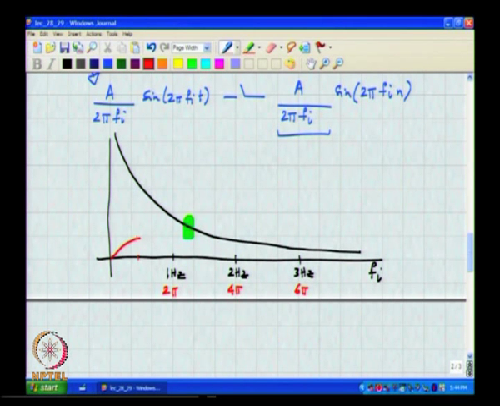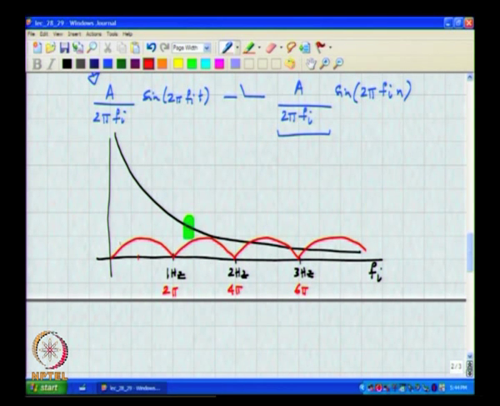At 2 pi, what is the gain? All right, and this will be periodic, I am sorry, it must be exactly the same. All right, does it make sense?